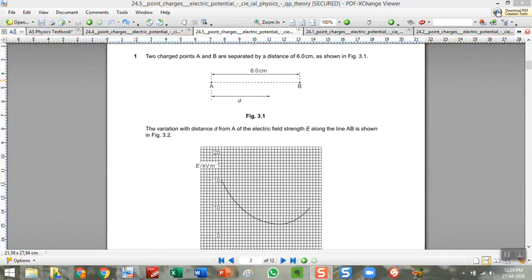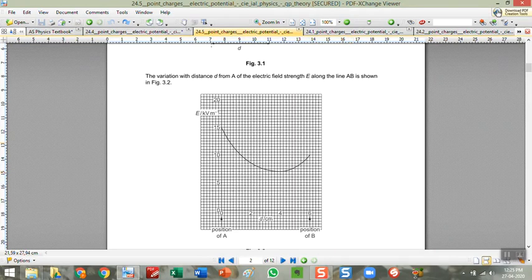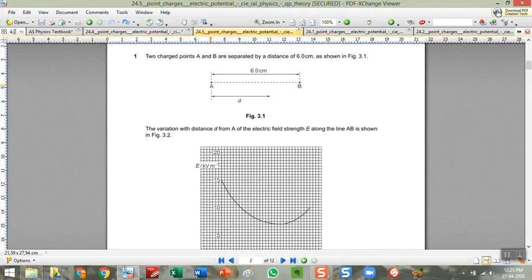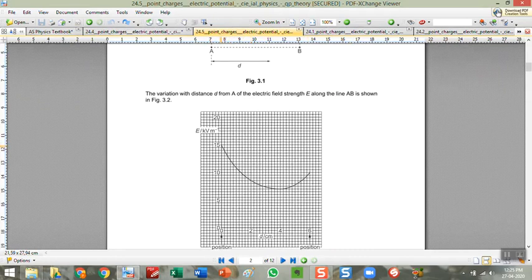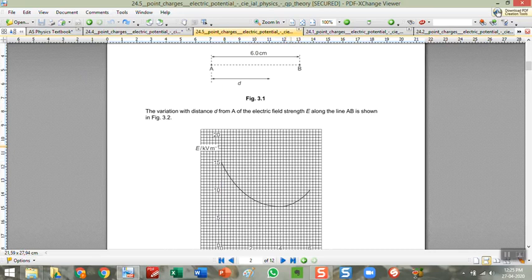The following question we're looking at here, we've got an electric field graph. We can see that the electric field starts on a positive. We've got point A and B, and we're varying the distance between them. Here they are just 2 points. They're not 2 objects, so we do not see any radii because they're not circular objects. They're just point charges, so the charge has no radius here.